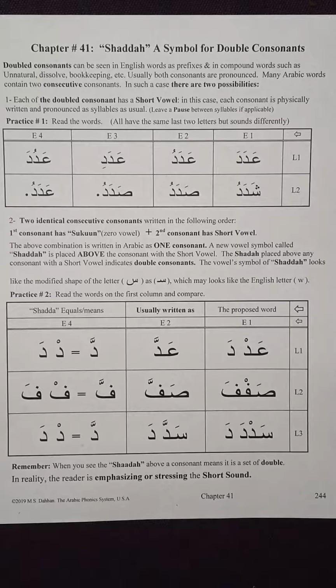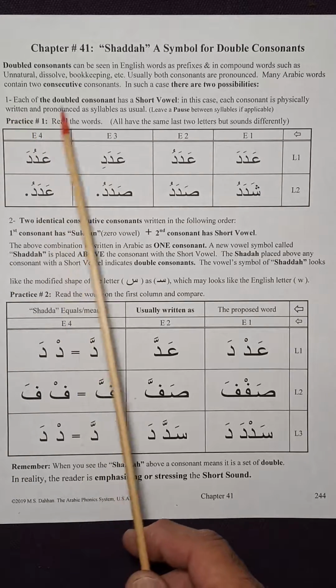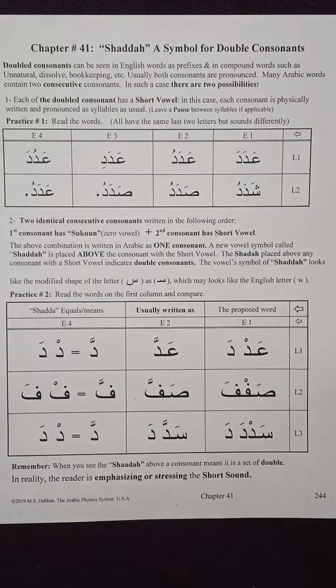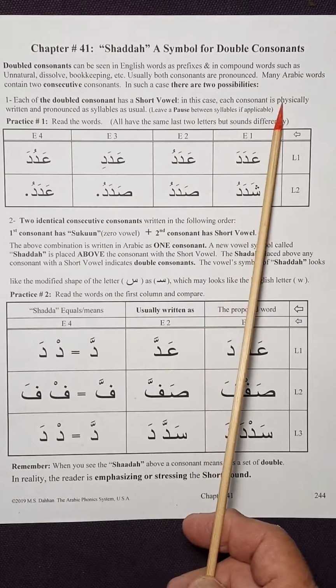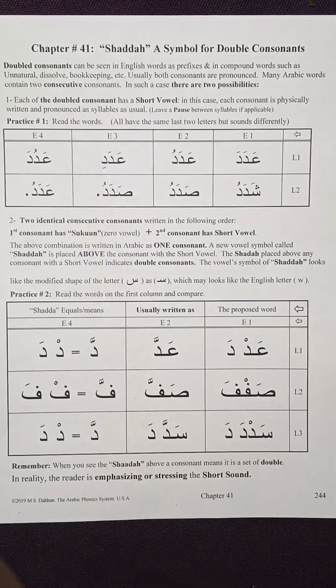Many Arabic words have two consecutive consonants. In such a case, we have two possibilities. And I'm talking about Arabic here. One, each of the double consonants has a short vowel. In this case, each consonant is physically written and pronounced as a syllable as usual.